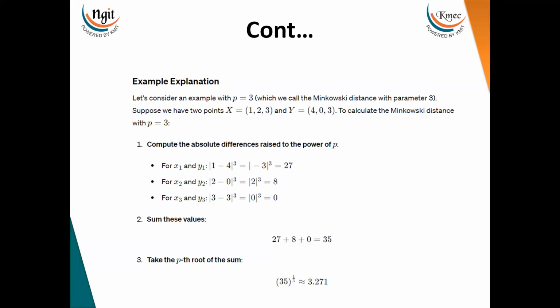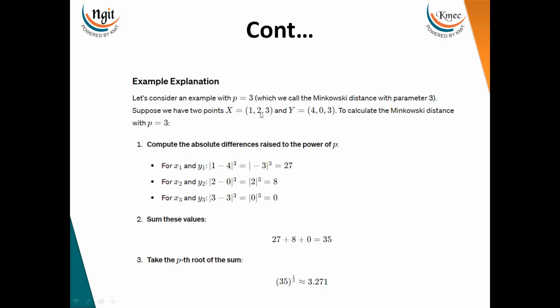So I have to find the absolute difference between the data points, between x1 and y1. So absolute difference between 1 minus 4 to the power of 3, because my parameter value is 3. When I calculate this, it will become 27, and as we are finding the absolute value, the negative sign will not matter here. So it will become 27.